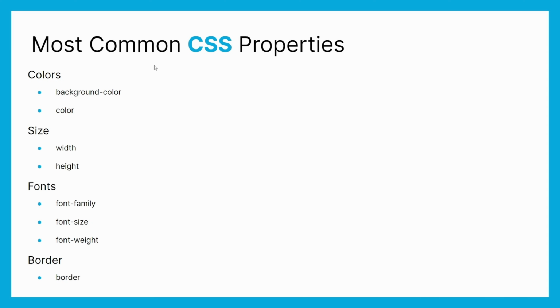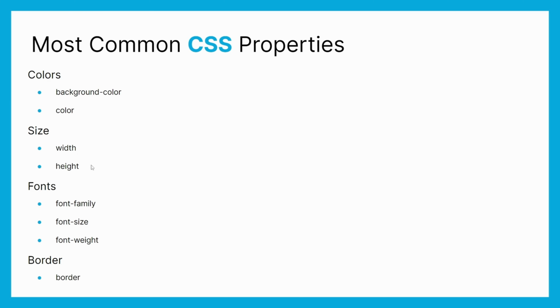So right now we are going to be walking through these common CSS properties one by one, and before we do that, I'm going to give you a brief overview of what each of these do. So we'll start off at the top, and background color is going to set the background color of your element. Color is going to set the actual color of your text.